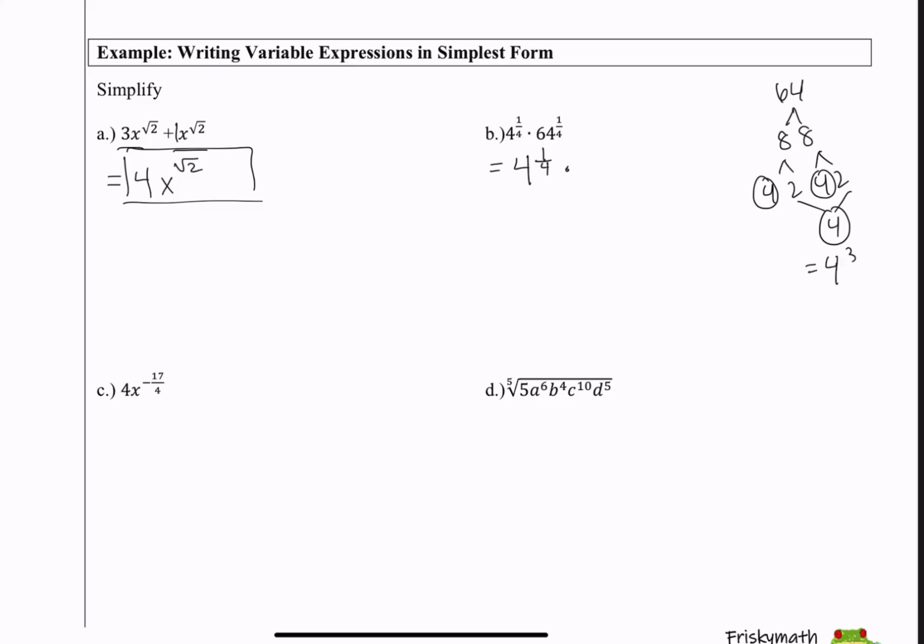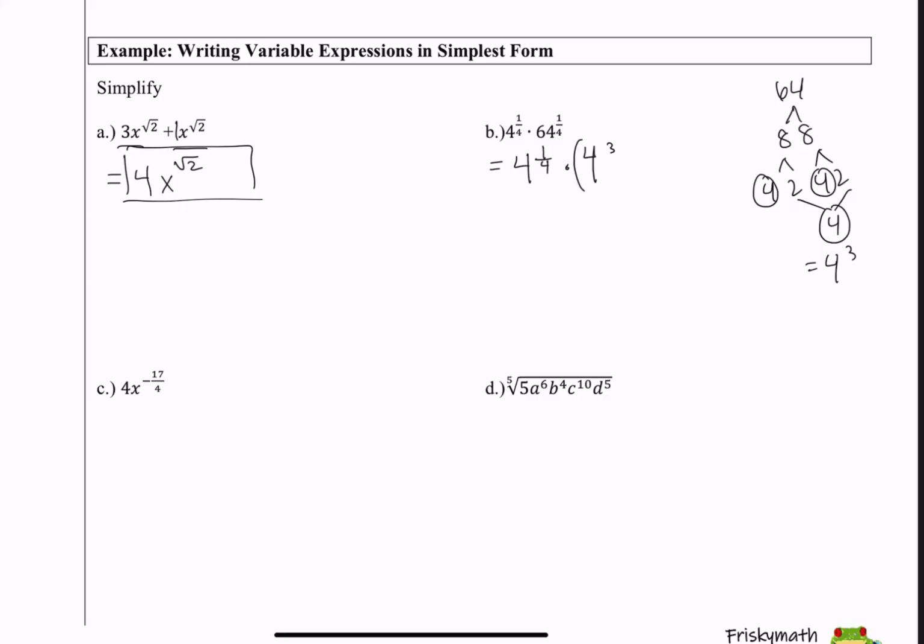So 64 is really 4 to the 3rd power, and I'll raise that to the 1/4 power. I've got 4 to the 1/4 power. I've also got 4 cubed raised to the 1/4 power, so I have a power raised to a power. I'll multiply those powers to get 4 to the 3/4 power. So now I have like bases being multiplied, which means I can add the exponents. I notice that the exponents have like denominators, so this is going to work out really easily for me. I get 4 to the 4/4, or 4.